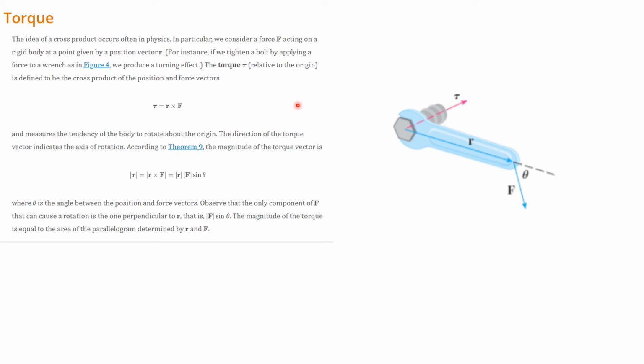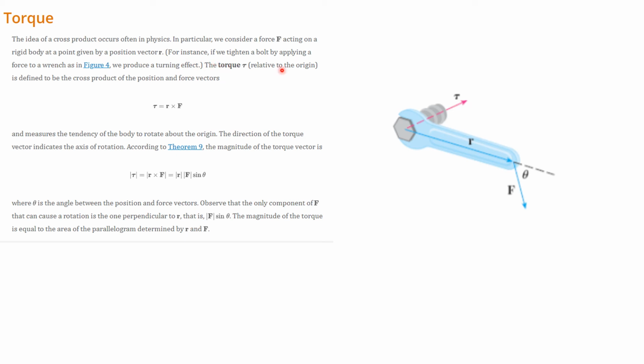So here we go. The idea of a cross product occurs often in physics. In particular, consider a force acting on a rigid body. There are really two rigid bodies: the force is acting on the wrench, and the wrench is tied to the bolt, which is also a rigid body, at a point given by the position vector r.